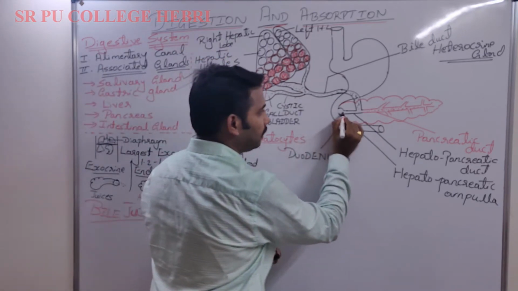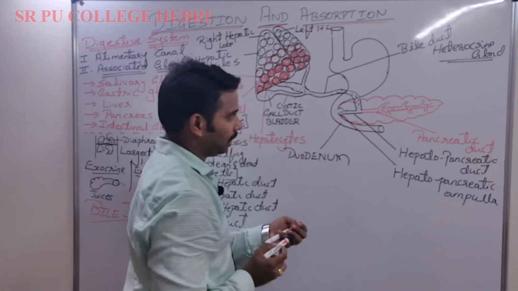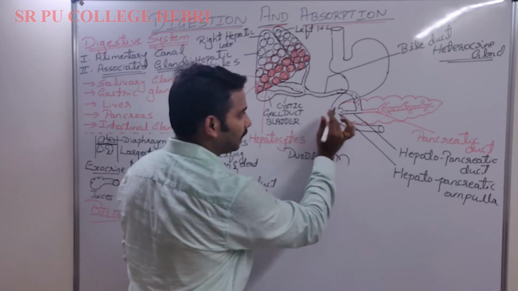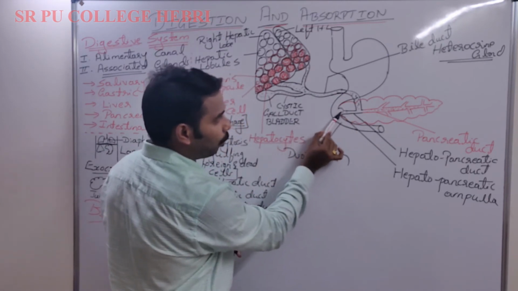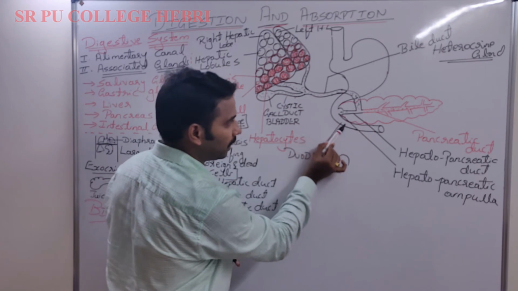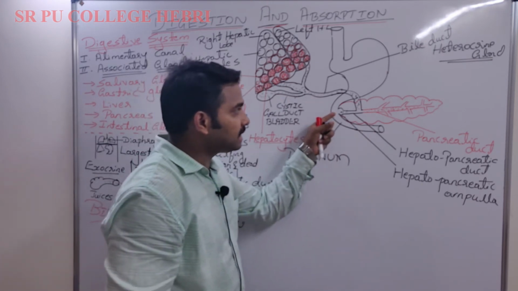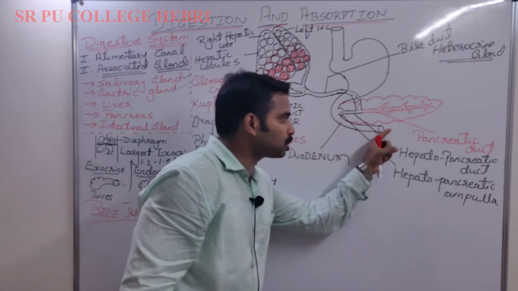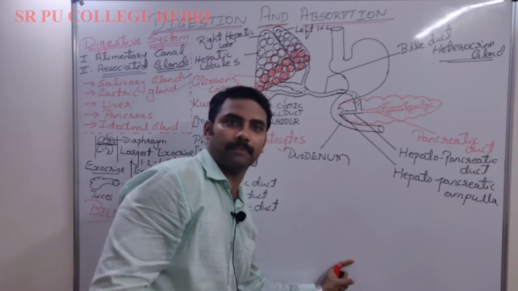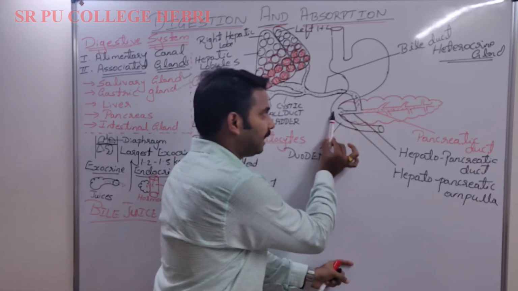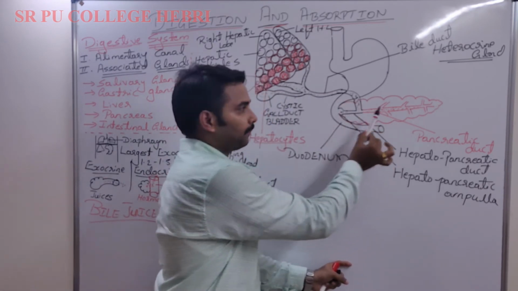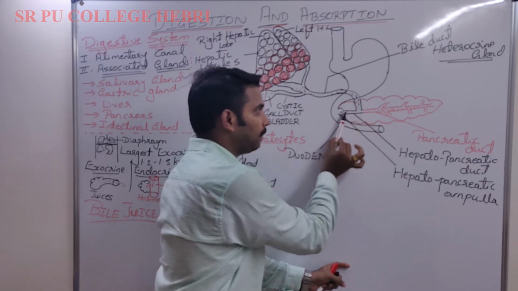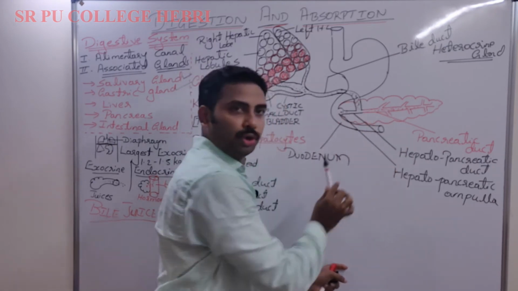This hepatopancreatic ampulla finally opens into which one? Duodenum, and releases which juice to your small intestine? Both pancreatic juice and bile juice are released to the duodenum.